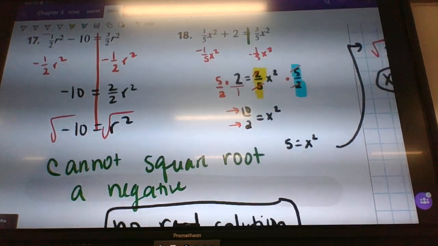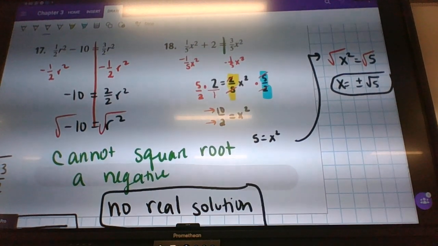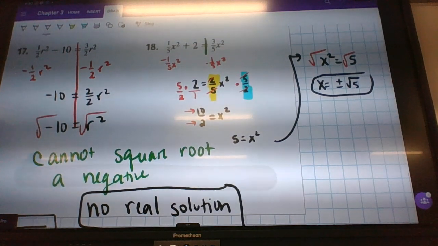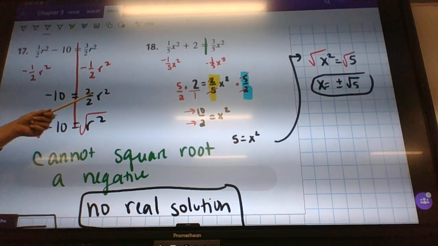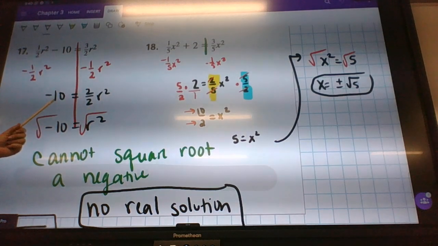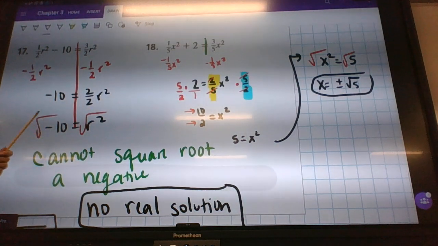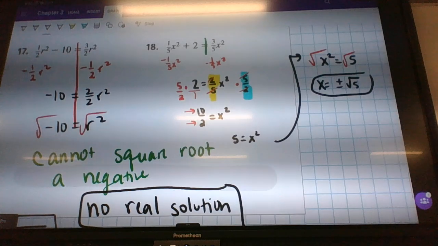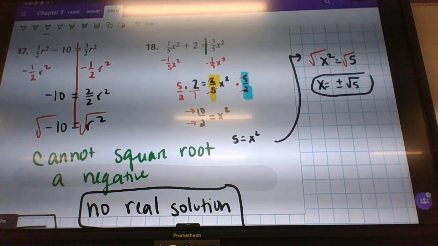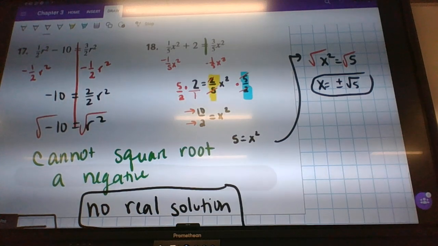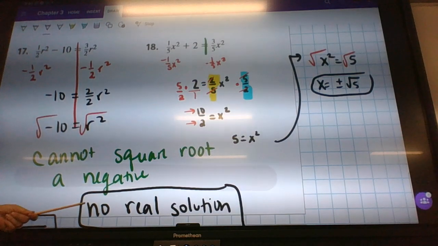17 is a special solution. So on 17, when you collect the r squareds together, you subtract, and the negative 10 is still there. When you go to square root it, you actually can't square root a negative. Well, you can, and we will. We're going to call that imaginary, but for now, we're just going to say this is no real solution.